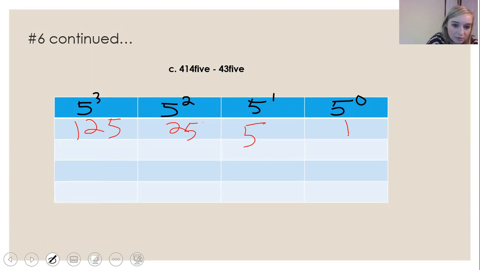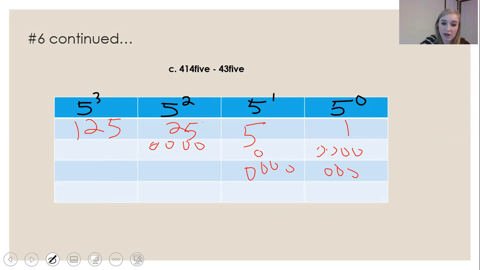I'm gonna start over here. 1, 2, 3, 4. 1. 1, 2, 3, 4. 1, 2, 3. So the first row is 414 and the second row is 43.